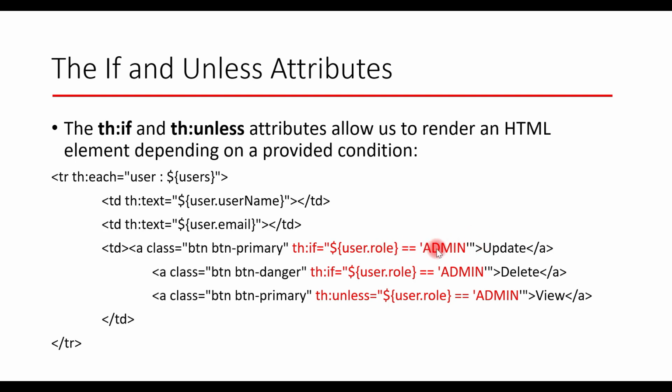The user who has the admin role can see the update button, and also the delete button, and apart from admin all the users can see a view button, but the users who don't have the admin role do not see these buttons. Here we have just added if conditions to display the buttons. It's a pretty simple example. We will see this example in action a bit later in the Eclipse IDE.